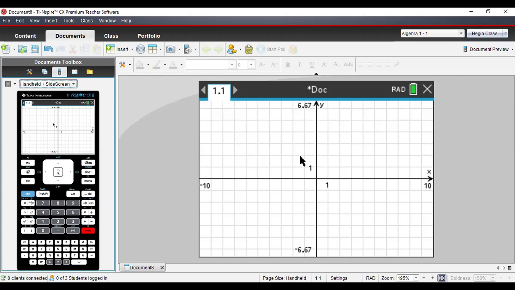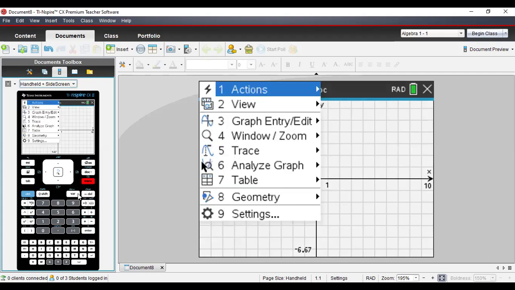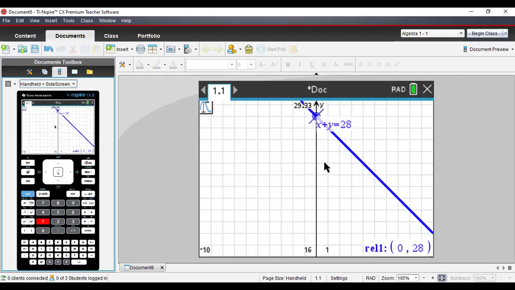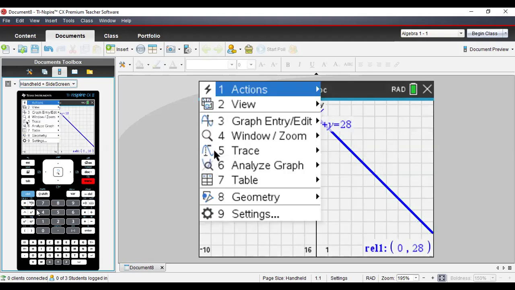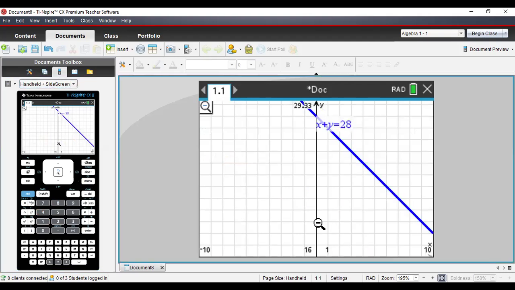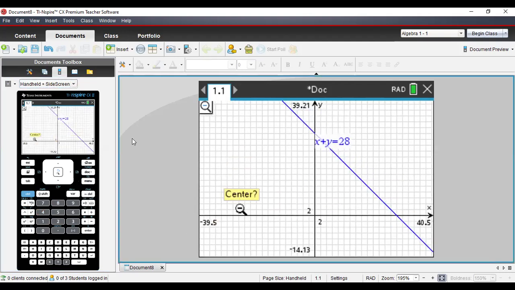If you don't see the equation, do menu 51 and it'll take you to the equation. I'm going to zoom out a little bit, menu 44, and there you go. Now you've got the right quadrant.